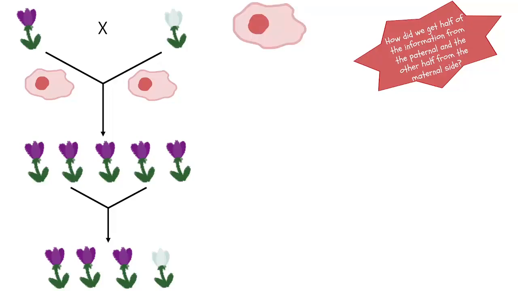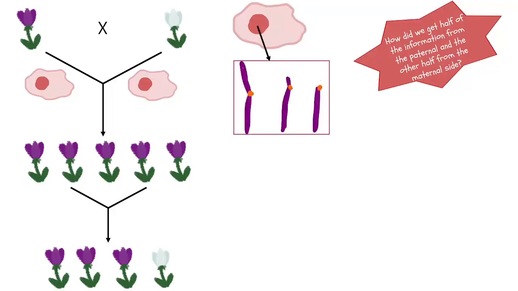If we look deep into the gamete, as you can see, it is made out of 3 chromosomes, but only one of its kind. So there are no homologous or similar chromosomes, and this is called a haploid karyotype, where n is equal to 3. So it is the amount of different types of chromosomes we have in a cell.